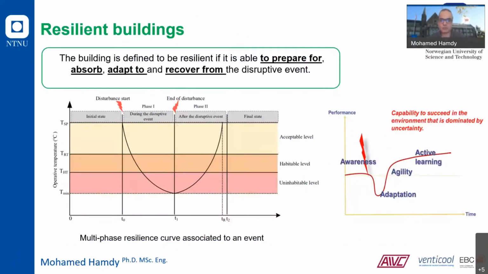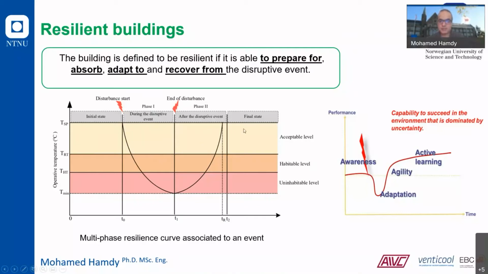After that, we also have to choose the key performance indicator. We talk about thermal performance, usually thermal comfort and energy consumption. And for buildings, in order to say it's resilient, it has to have the ability to prepare for the event before it comes, to absorb the event once it came, and to adapt and recover from the event.